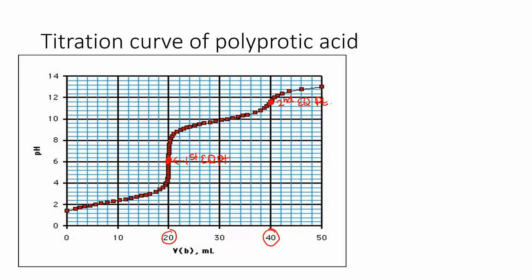So if the first equivalence point is at 20, halfway there would be here at 10. And if I read across to this pH, pH equals pKa1 at that X that I've marked. Looks like it's probably somewhere around 2.5-ish.